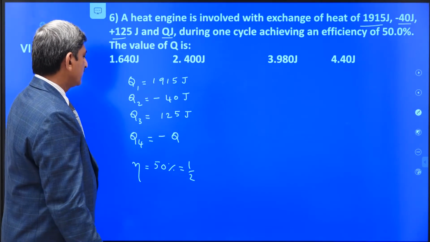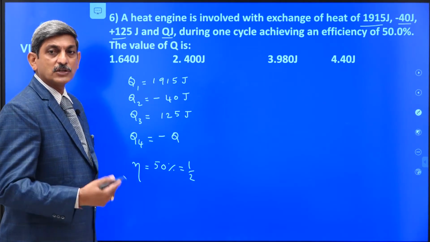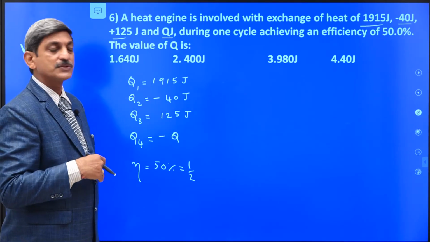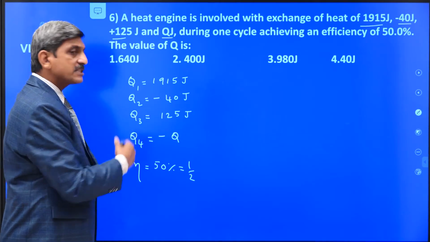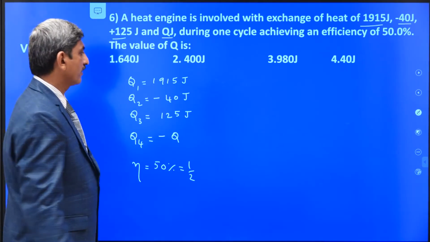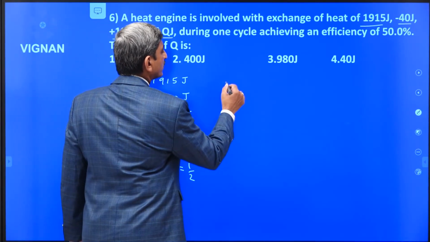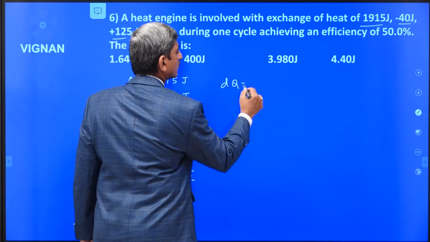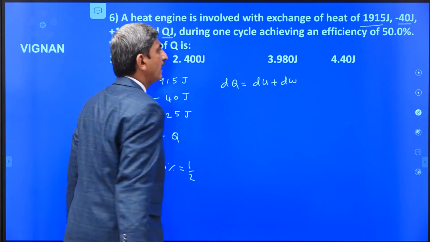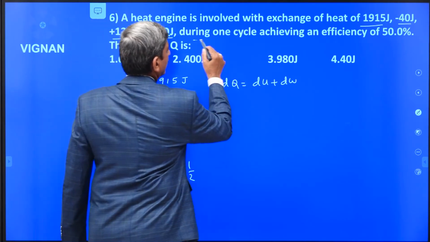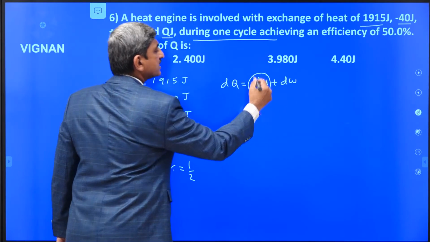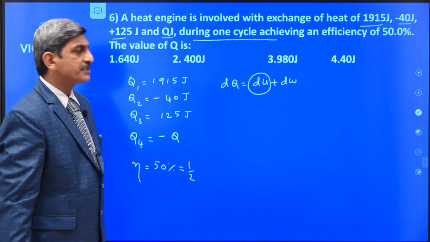We already know that the efficiency is equal to the total work done divided by the heat energy taken from the source. But here work is not given. We want to determine the Q value by using the efficiency value. From the first law of thermodynamics, we know that dQ is equal to dU plus dW. During one cycle, the change in internal energy is equal to 0, that's why dU is equal to 0.